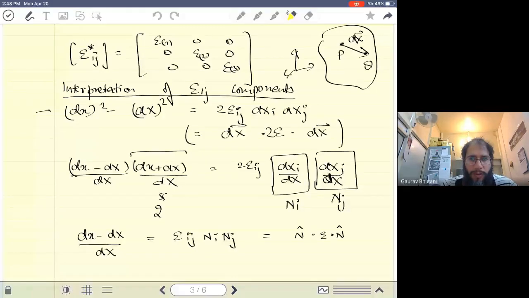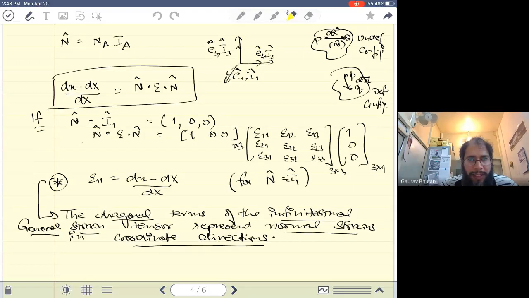Starting with the same measure, the square of the deformed length, d small x squared, minus the square of the initial undeformed length, d capital X squared, what we finally saw was that if we assume these initial undeformed vectors in the coordinate directions, the Cartesian directions, that is I1, I2, and I3, then epsilon 11, epsilon 22, and epsilon 33, the diagonal components of epsilon, denote the longitudinal strain.